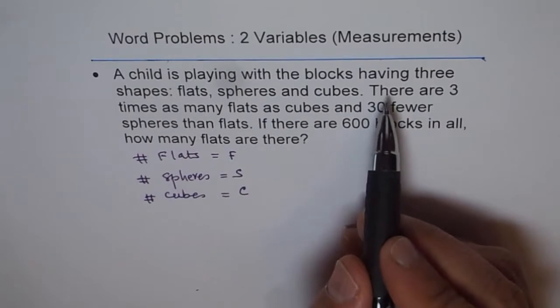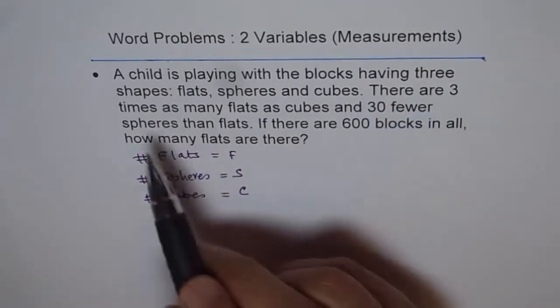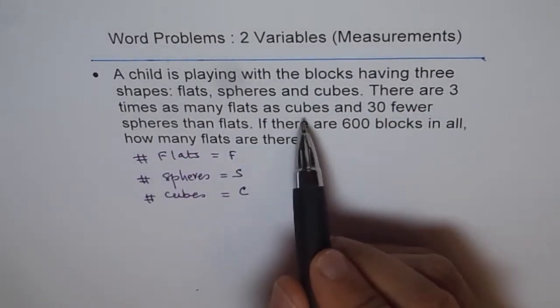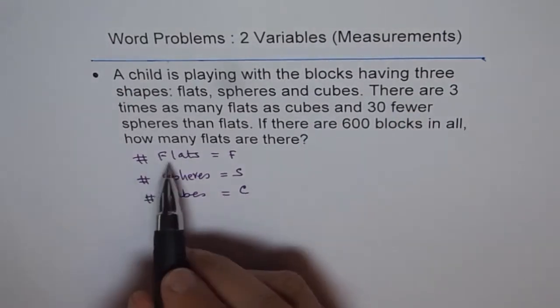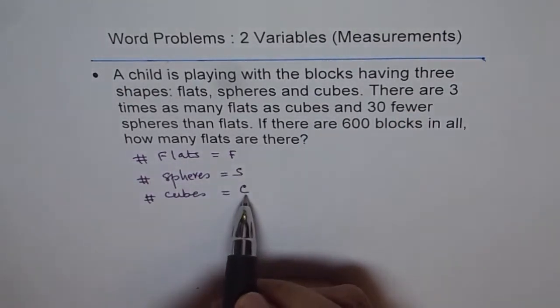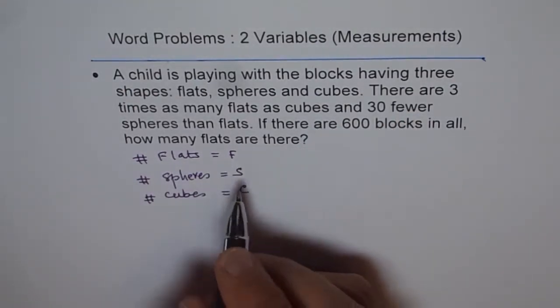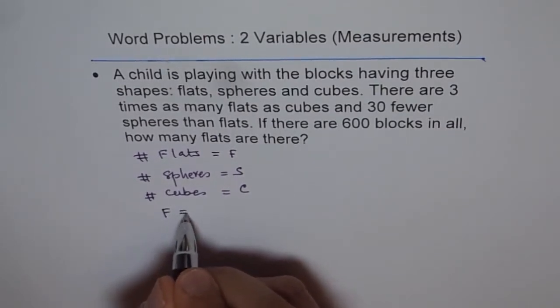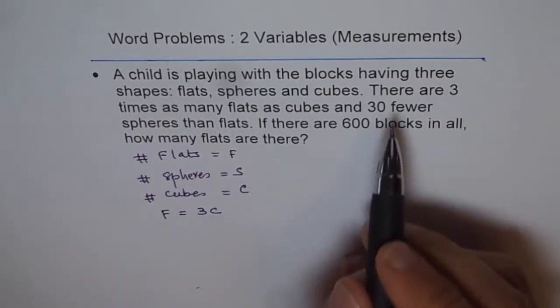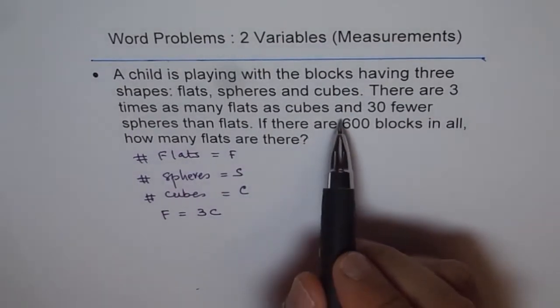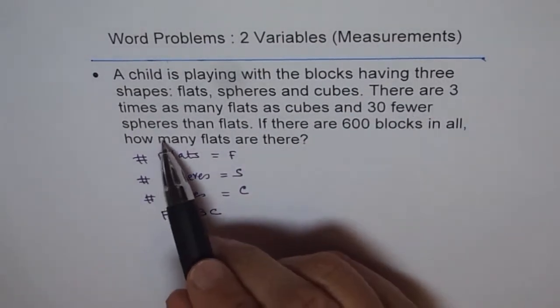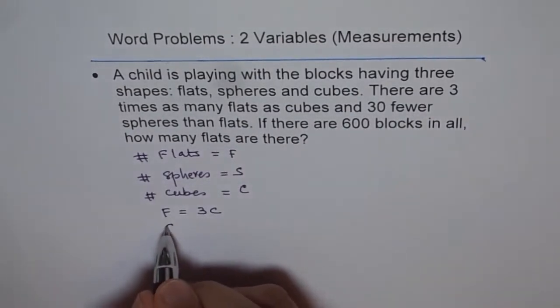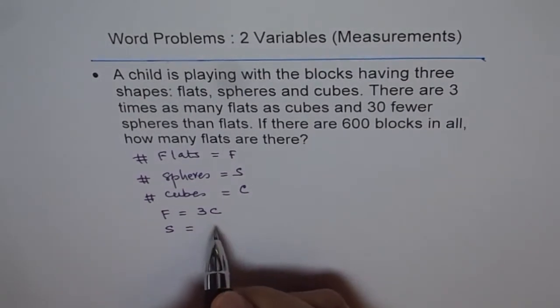It says there are 3 times as many flats as cubes. So that is the first relation: flats equals 3 times cubes. And 30 fewer spheres than flats. Spheres are less by 30 from flats.